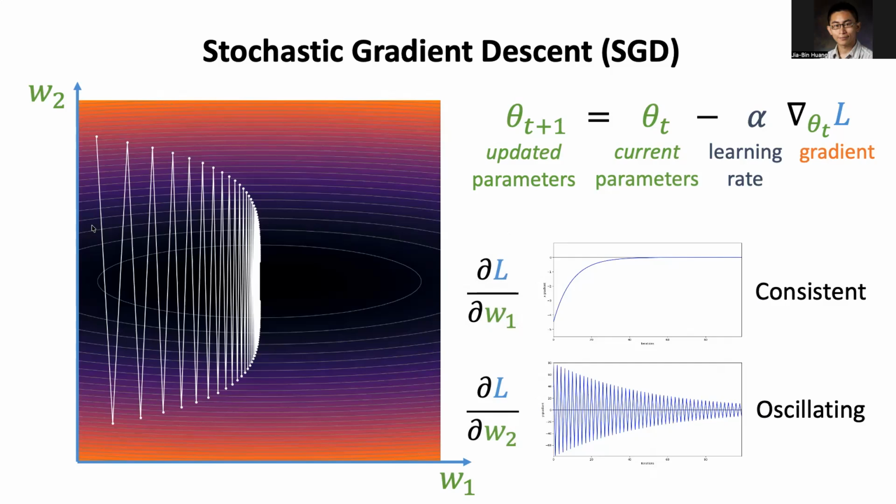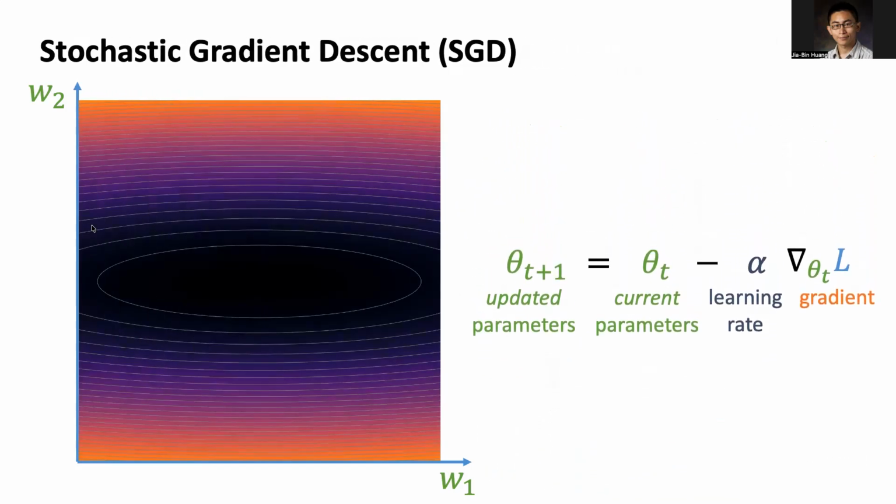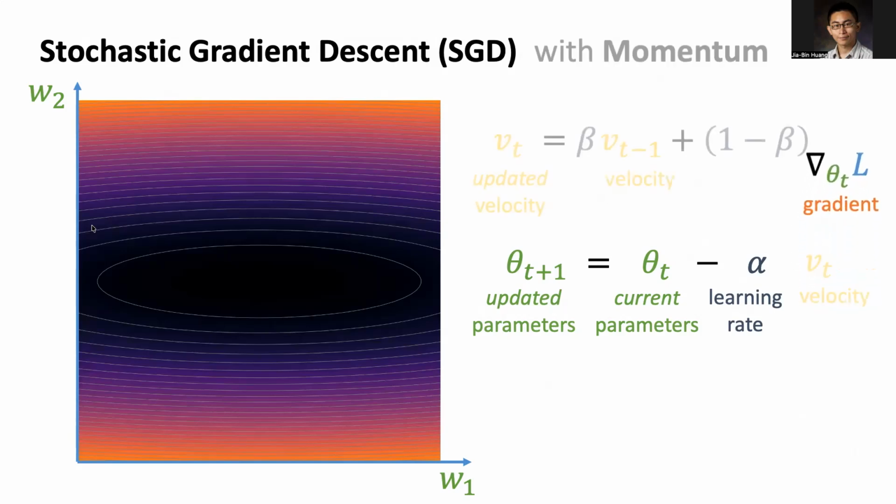If you observe these things, instead of using this gradient alone, because you know that for some parameters the gradient will be oscillating, becoming positive and negative, and for some it is consistent, what you can do is use the idea of momentum.